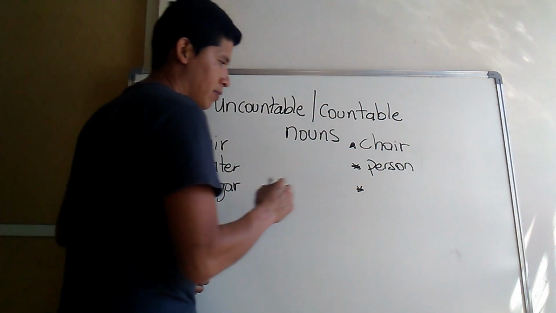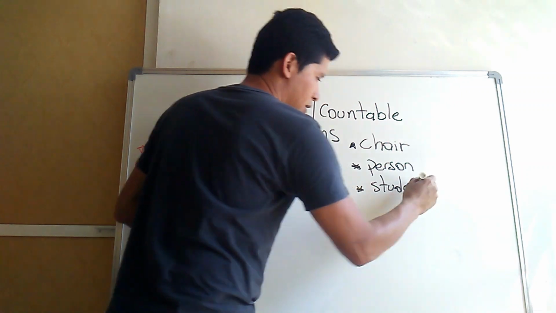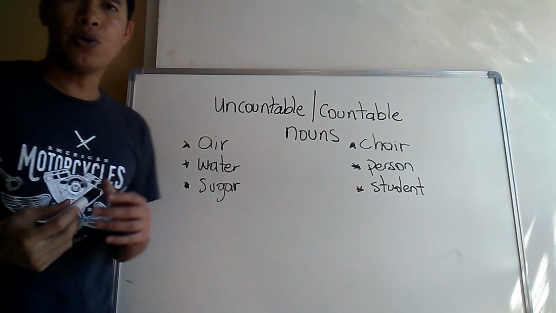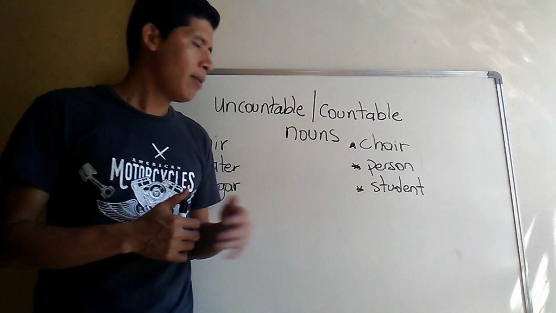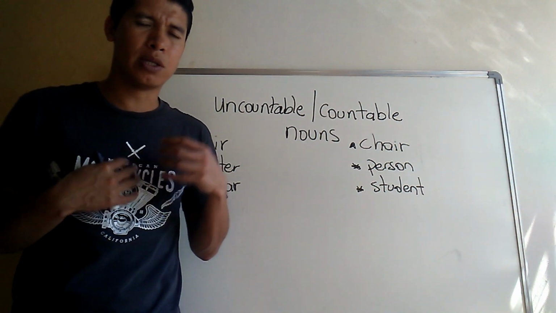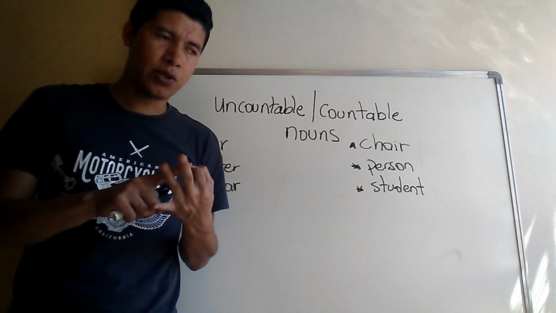Another example: student is a countable word because I can count the student: 1 student, 2 students, and 3 students.